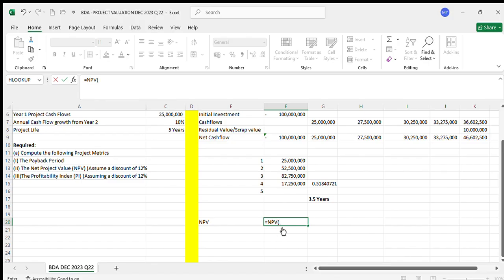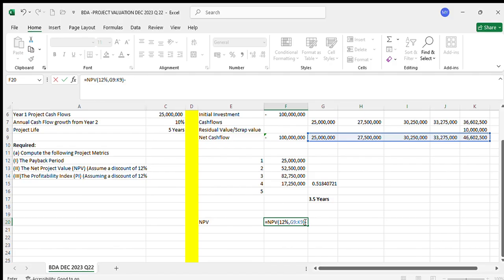Then you start with the rate, which was 12%, and comma. Then you can insert now the cash flows from here up to that year. This is now the cash flow. Then that one now gives you the present value of the future cash flow.